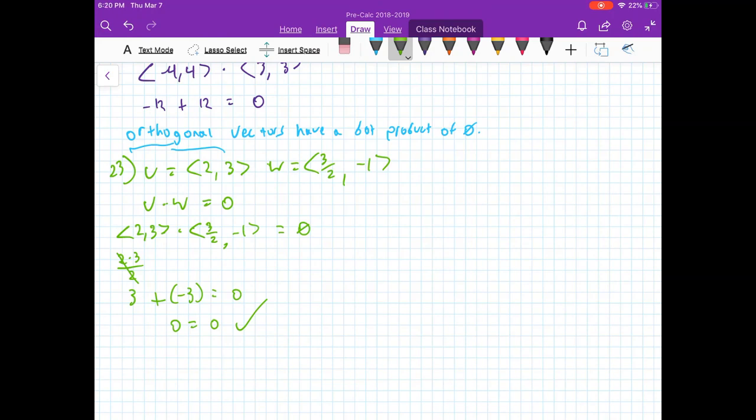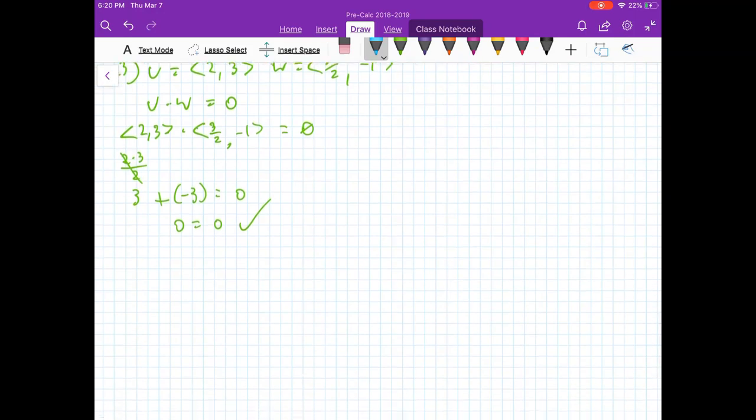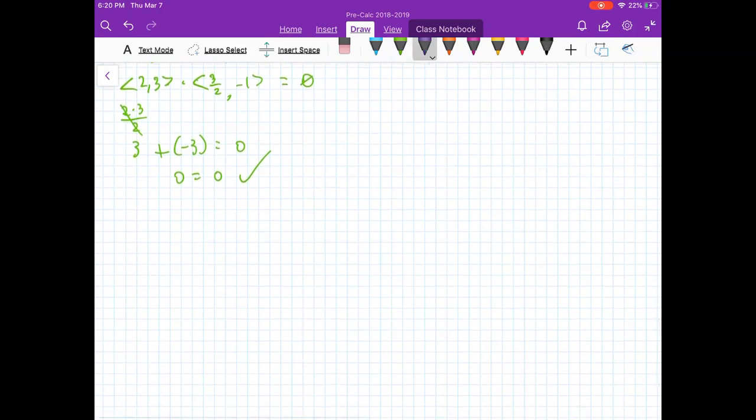There's one more major concept we need to cover in this lesson: the idea of vector projection. Vector projection says this. If I have two vectors, let's draw our axes.